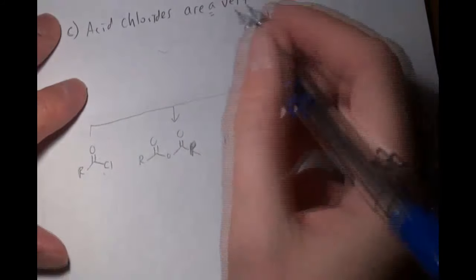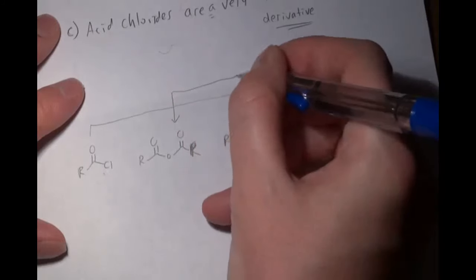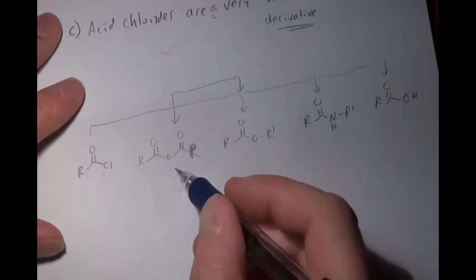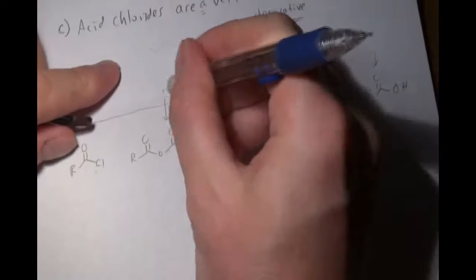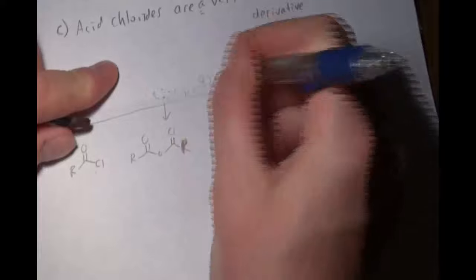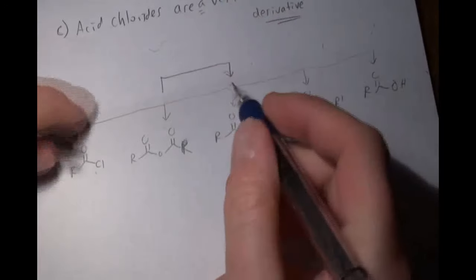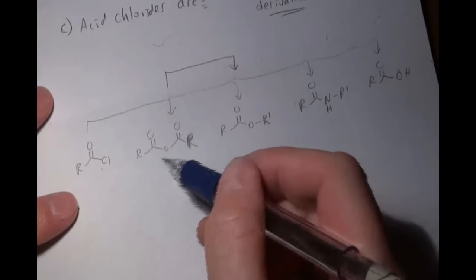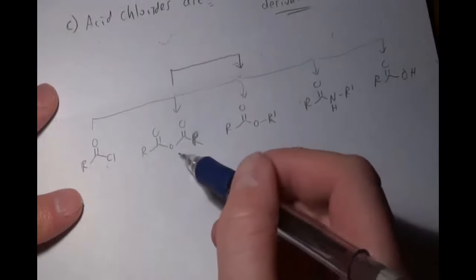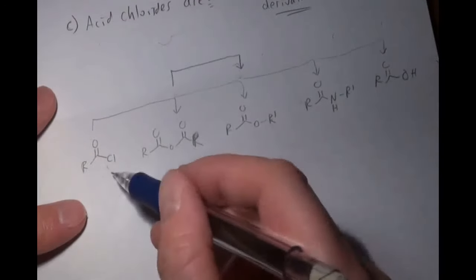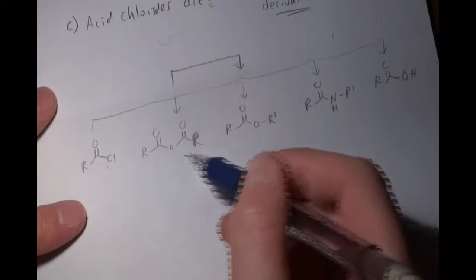Okay, and just as well, anhydride can make anything to its right. So an anhydride, I'll draw this a little differently. I'm going to make my arrow a little displaced. I'm going to say an anhydride is also a reactive derivative with a good leaving group, just like a chloride's a good leaving group. This is actually a good leaving group too.